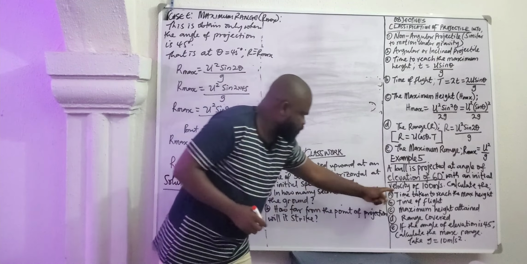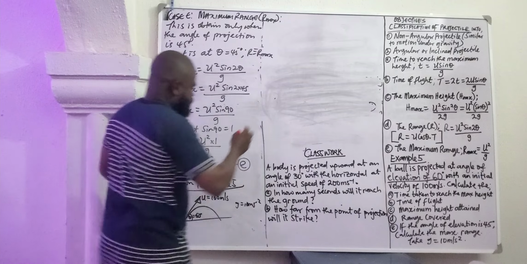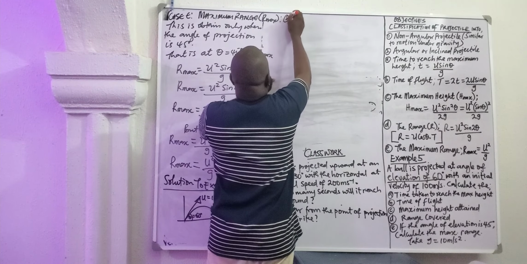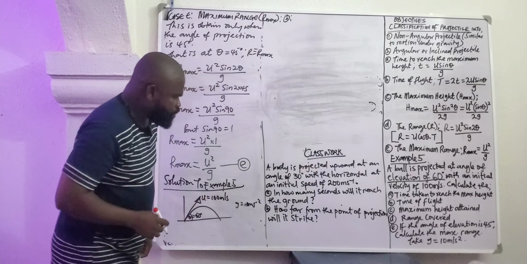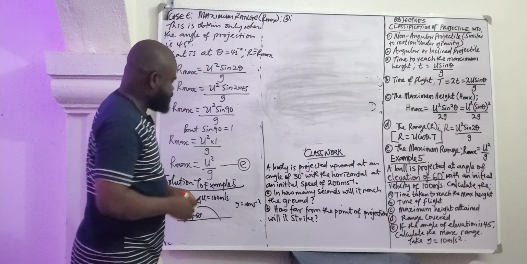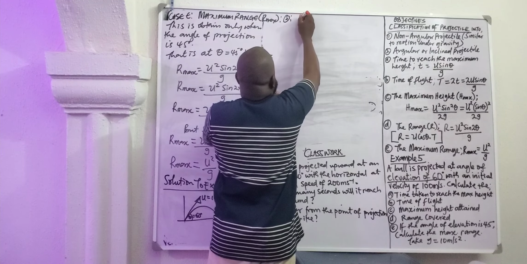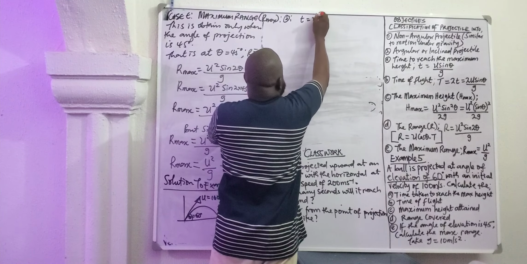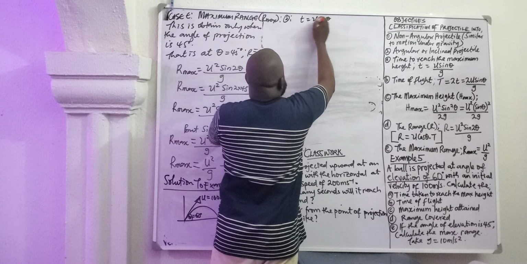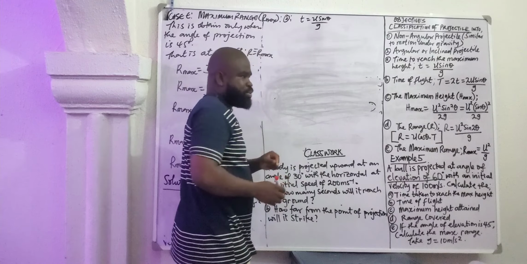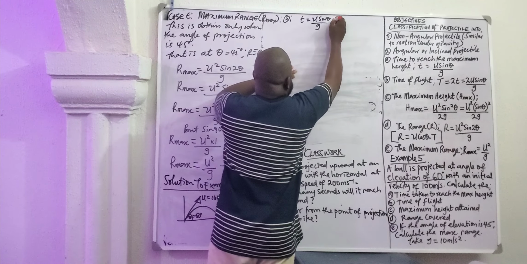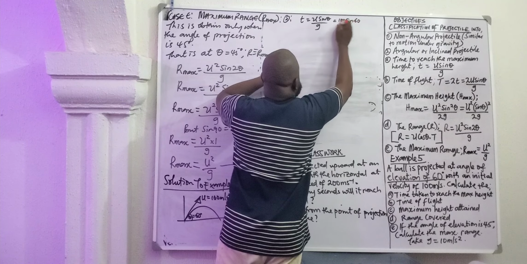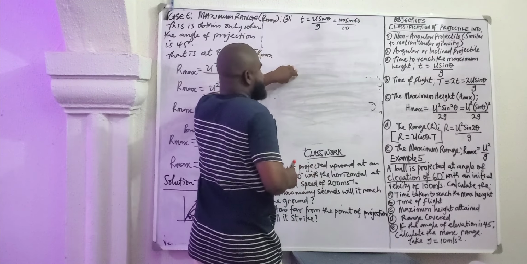So we're asked to calculate the following. Option A says find the time it takes to reach the maximum height, that is small t. So we have that small t from equation A is u sine theta over g. So we substitute our values. u is 100, sine 60, over g is 10.